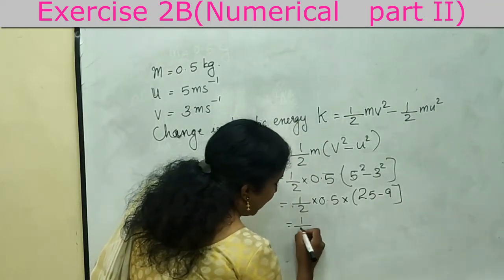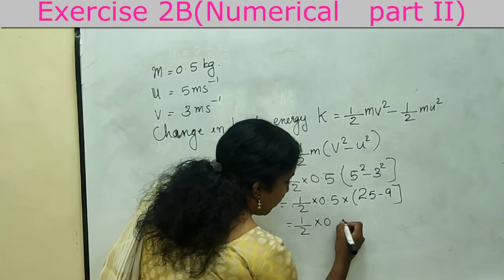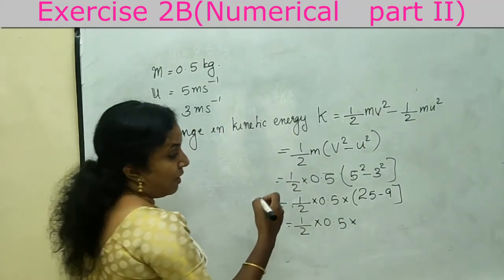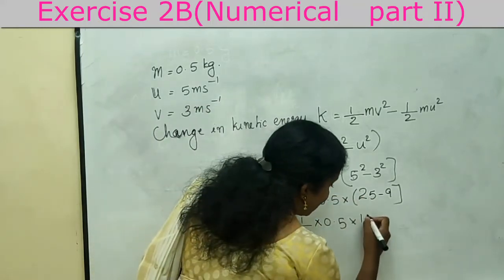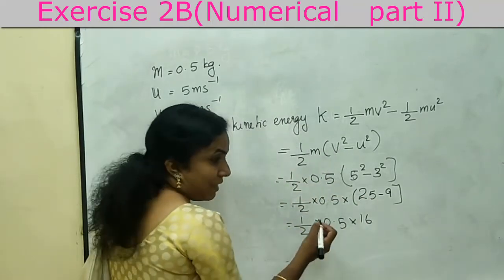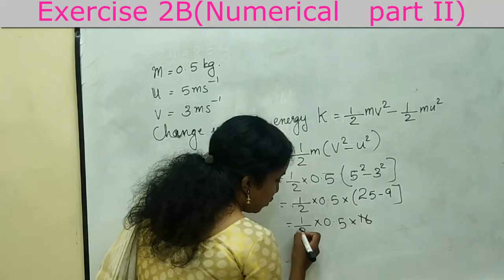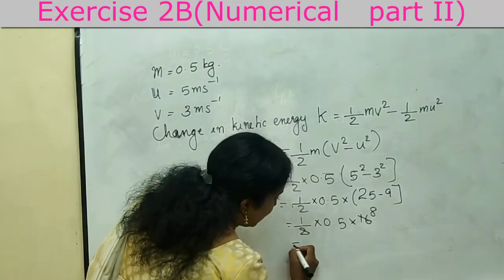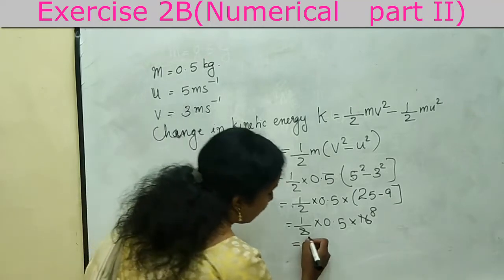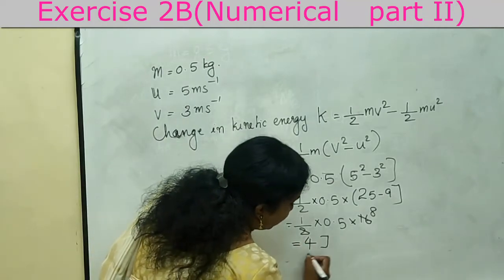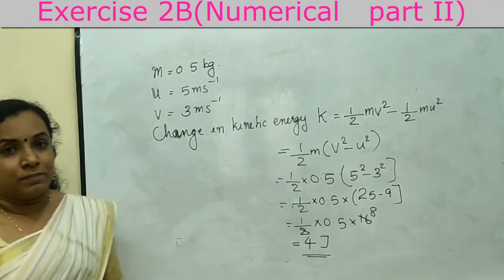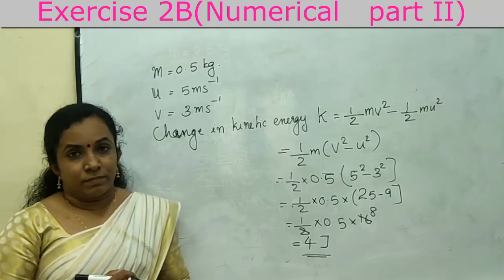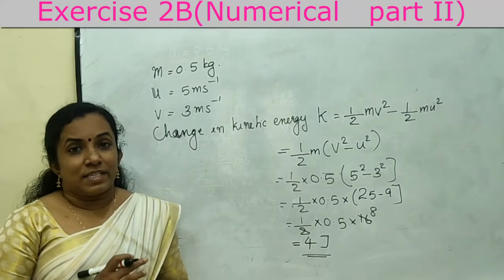So it is 1 by 2 into 0.5 into 25 minus 9 is 16. When we cancel 16 with 2, we will get 8. So it is 4 joule. So the change in kinetic energy is 4 joule. We can move to the next question.